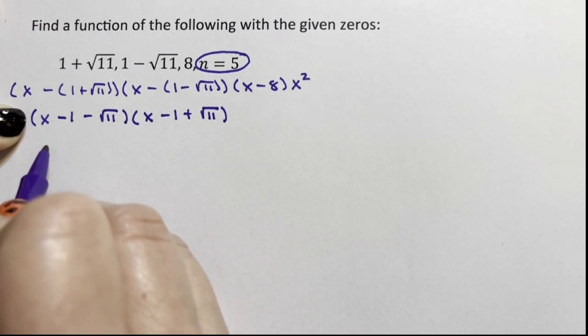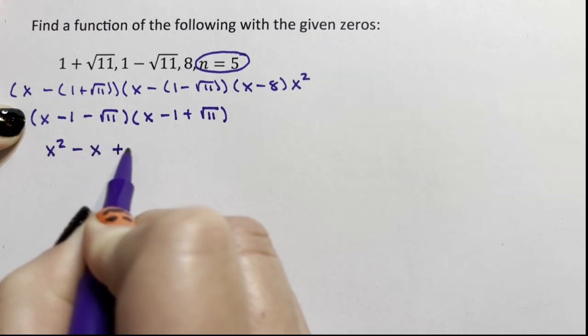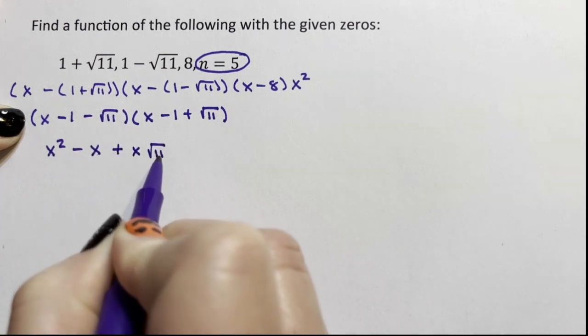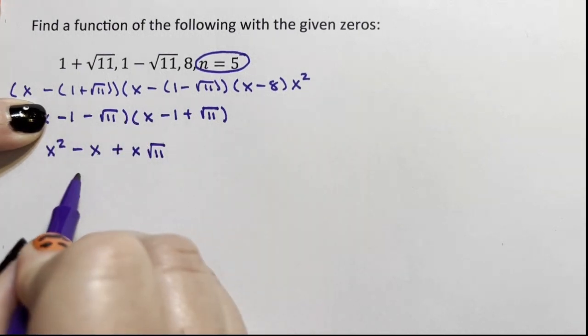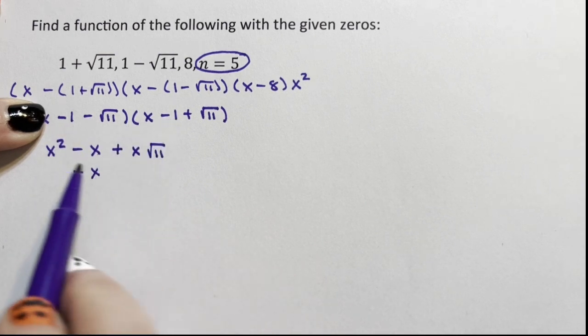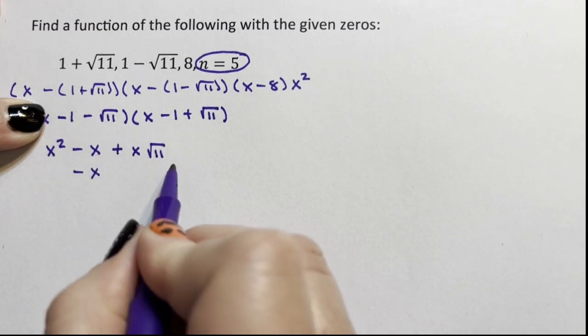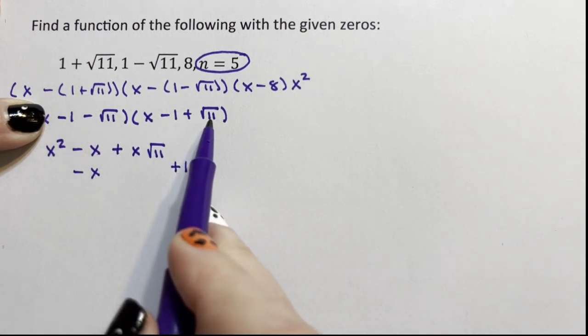So I'm going to get x squared minus x plus x root 11. Now I'm going to move over to the negative 1. Negative 1x, so that's negative x. Negative 1 times negative 1 is plus 1. There's no like term, so I'm going to put the plus 1 over here. And then negative 1 times root 11 is negative root 11.